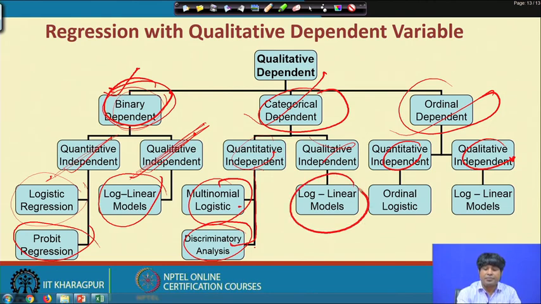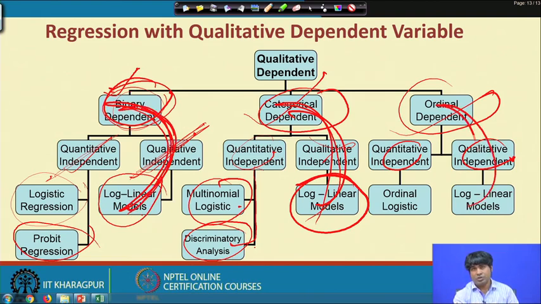Technically, if the dependent variable is qualitative and the independent variable is qualitative, the structure of the model will be more or less the same, that is, log linear models in every case. This is true here, here, and here. So this is one form, this is another form, and this is another form. That is the uniqueness among these three models: binary dependent, categorical dependent, ordinally dependent.